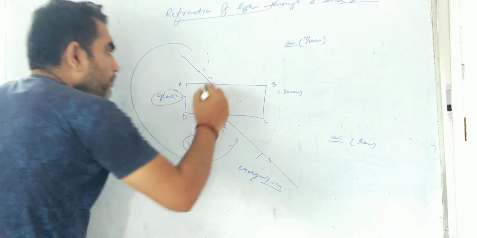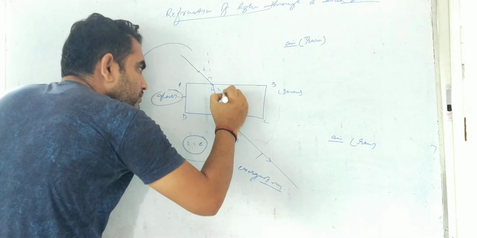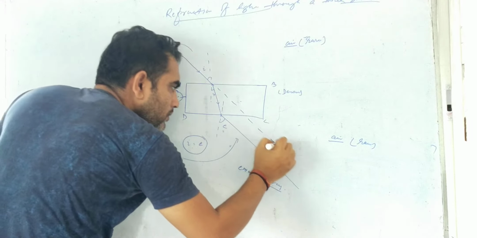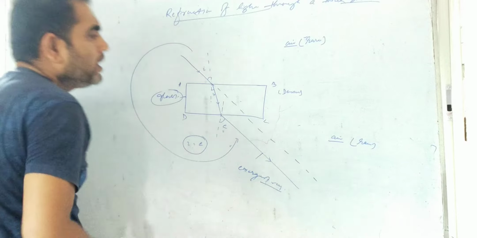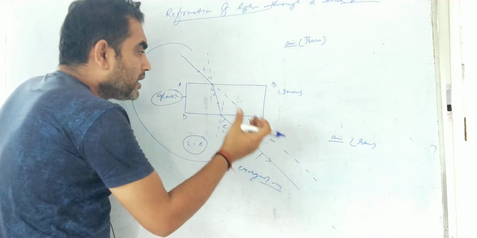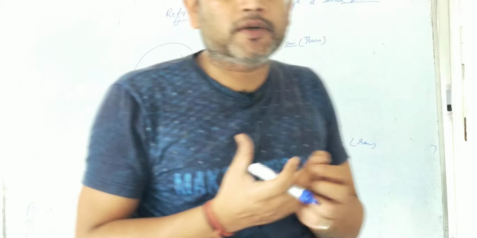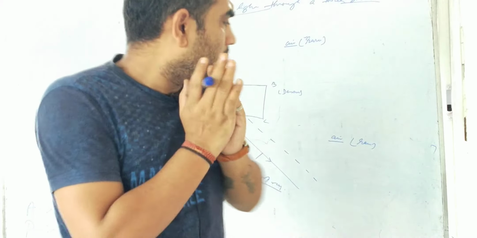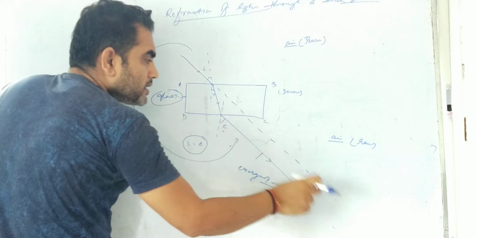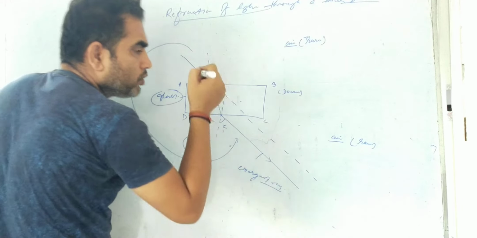Now if we produce the incident ray, we will see that the incident ray and the emergent ray are parallel to each other. They will never intersect, they will be parallel.